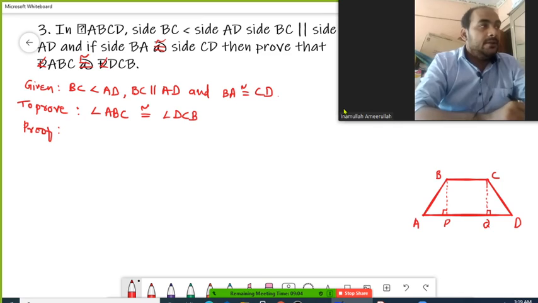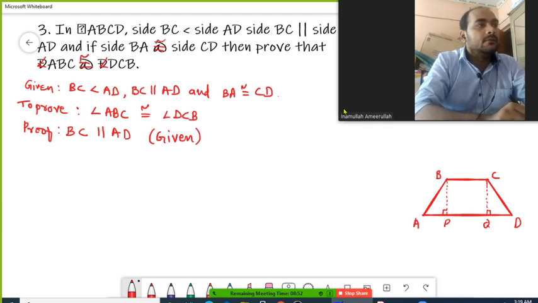So here, first proof: since BC is parallel with AD, this is already given information.